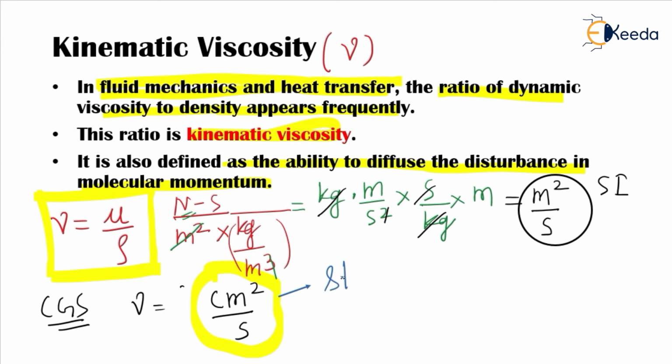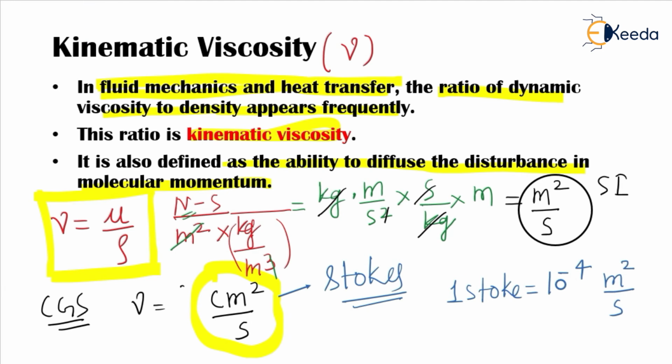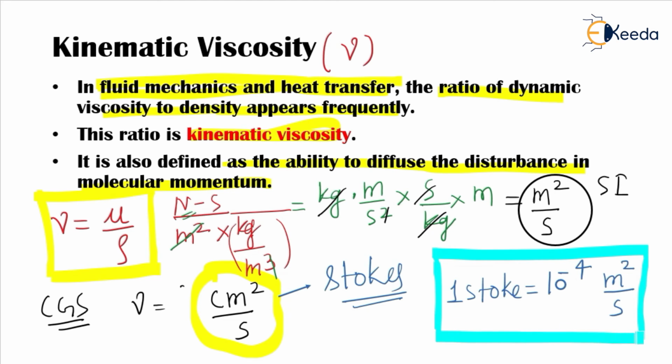Stoke, right? And for the conversion, you should know that 1 Stoke is equal to 10 to the power minus 4 meter square per second. So this also needs to be remembered. This value we need to remember for kinematic viscosity.